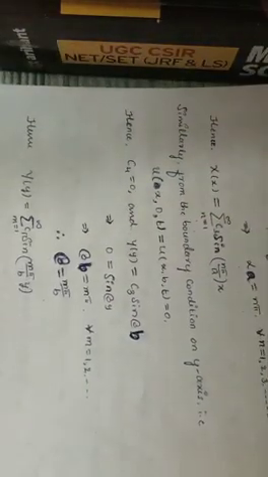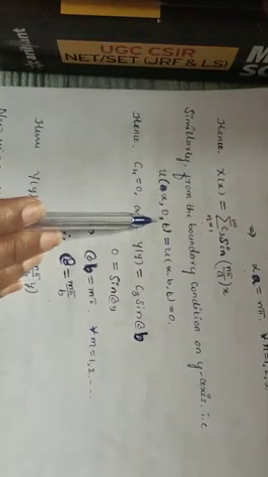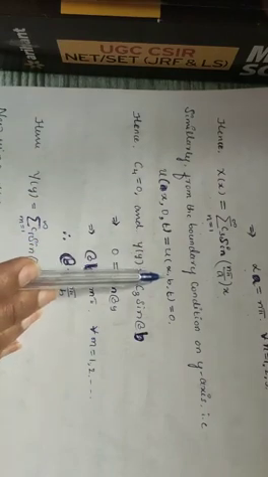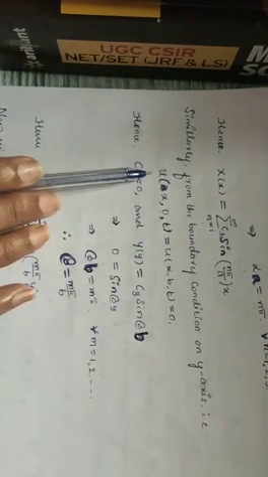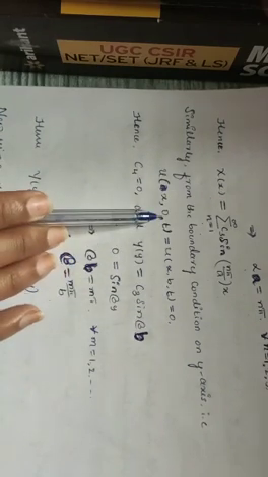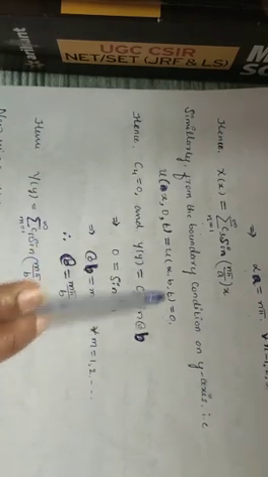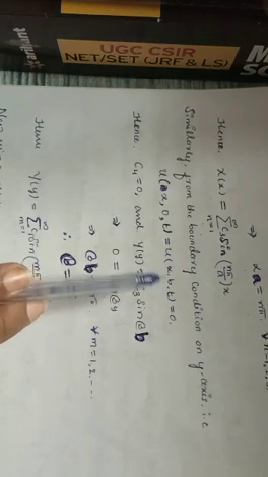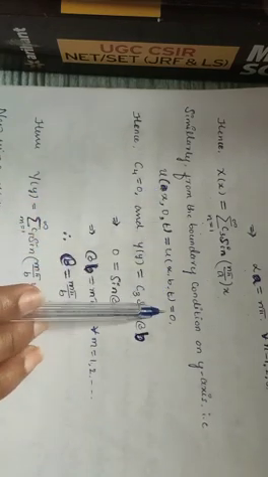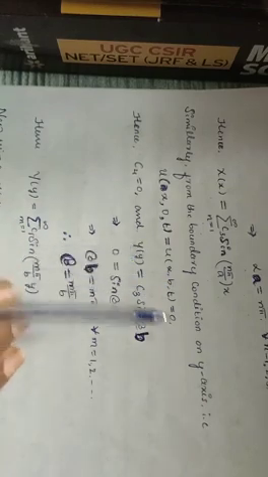So on the y-axis, u of x comma 0 comma t equals u of x comma b comma t, which is equal to 0. This means u equals 0 at y equals 0, and another one, u equals 0 at y equals b. Now substitute this boundary condition into the solution Y of y.